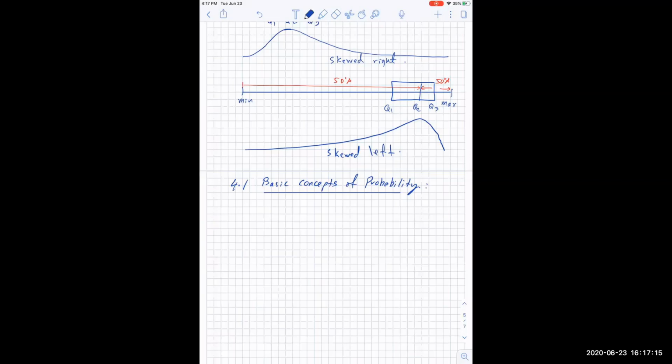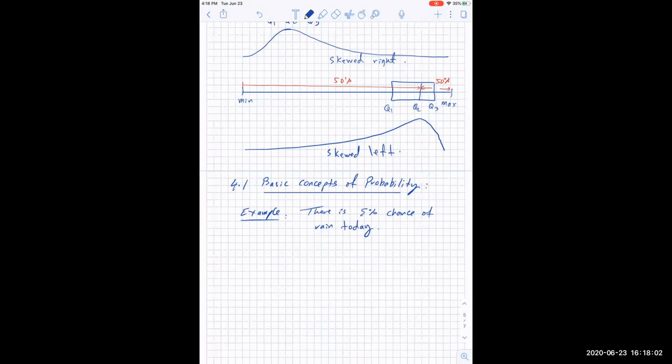So, I'll give you a basic statement here. There is a 5% chance of rain today.